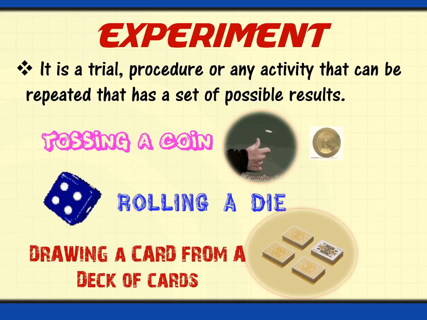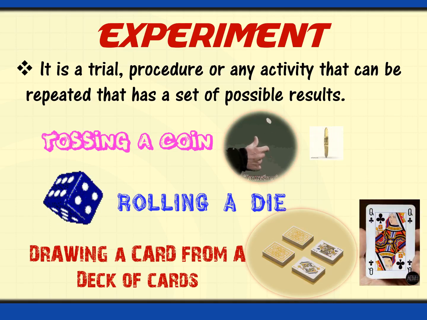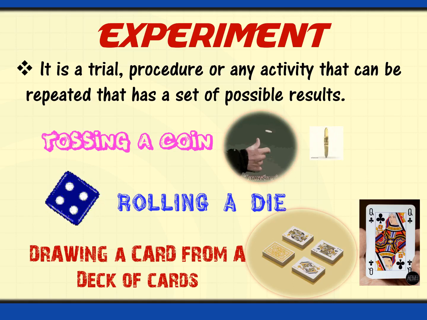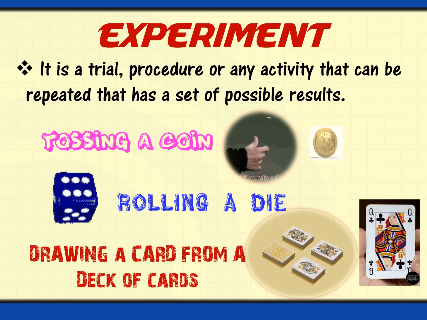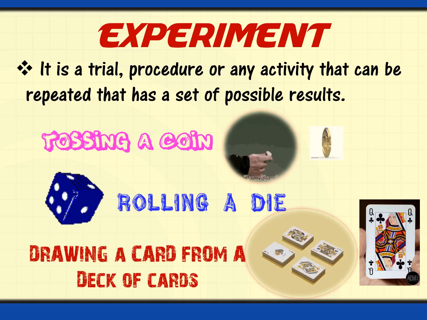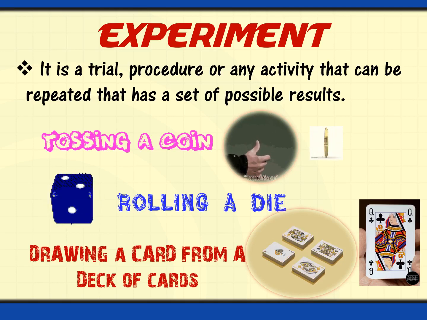Now, when we draw or choose a card, for example, we have a queen of flower. So we can do it repeatedly. Now, there are other experiments in mathematics that we will be discussing as we go on with the topic. But these are the most common experiments that we can do repeatedly. Is that clear? Okay.